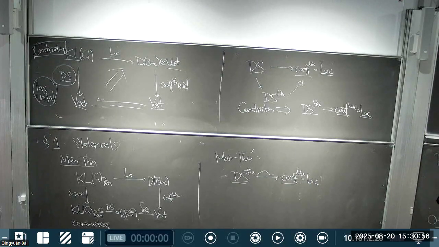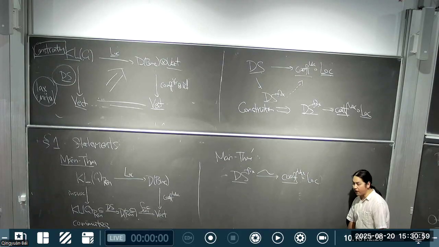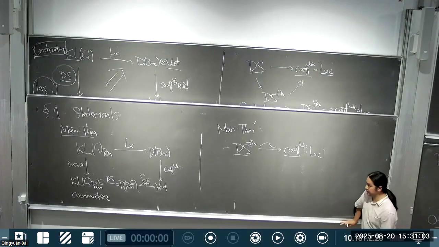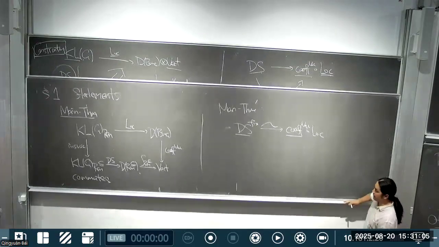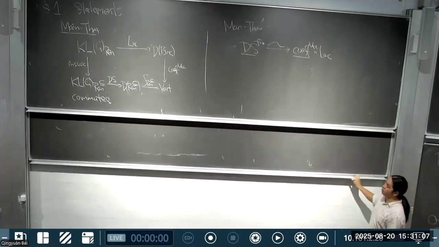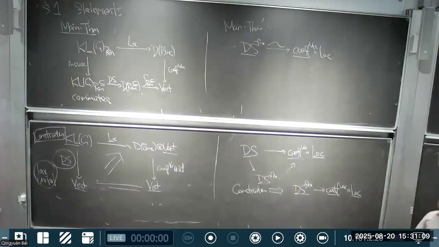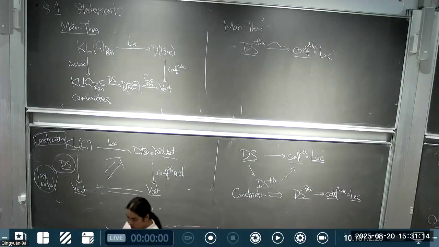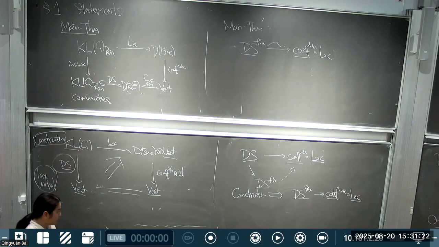It's an equivalence between unital local-to-global functors from KL to Vect. That's main theorem prime. And to convince yourself that main theorem one is equivalent to main theorem prime, it really just follows from the definition of this fixed, because fixed is first taking the vacuum, applying your functor, and then doing the integration.